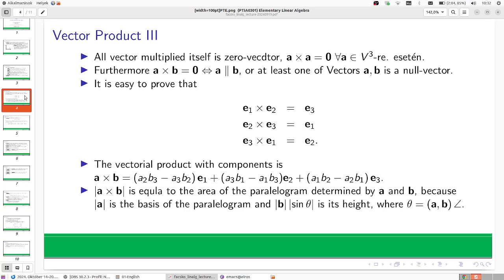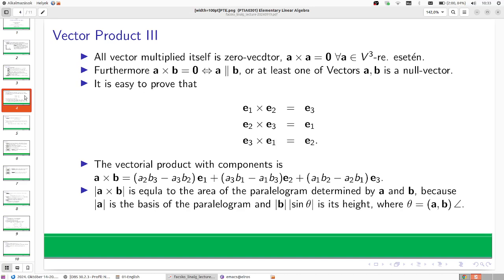If you have two vectors and do the vector product, and the result is the null vector, then at least one of the vectors is a null vector. There is no other way to get a null vector.